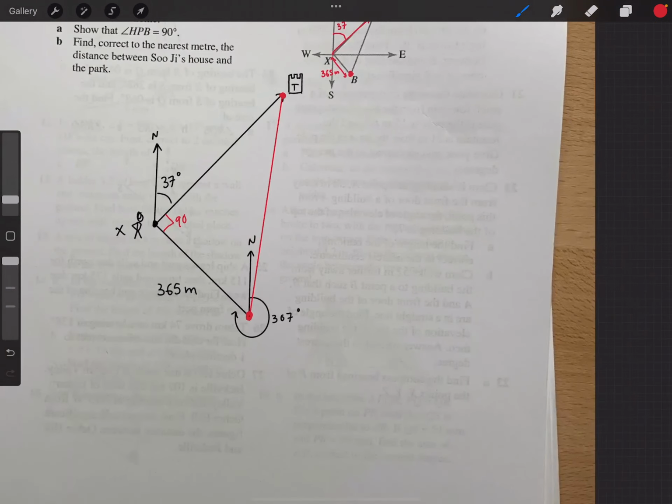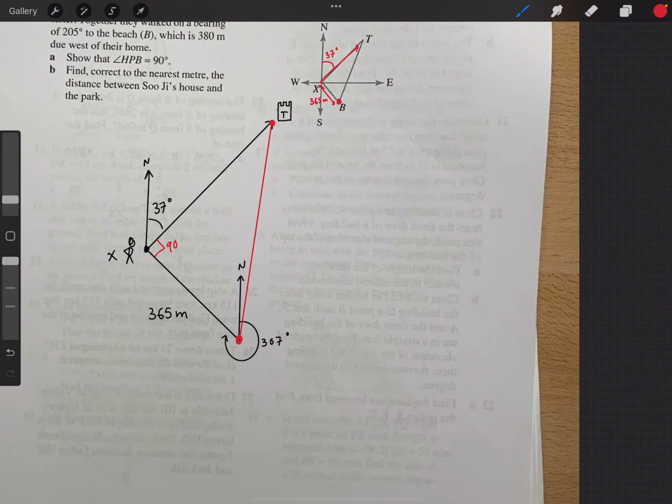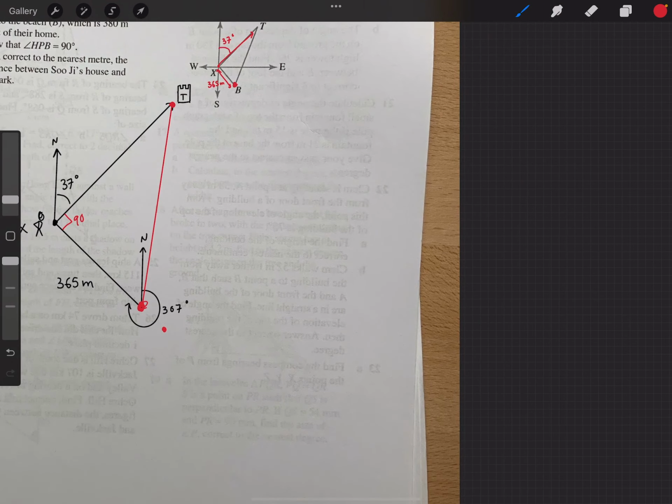Some of you might assume that the point B might lie somewhere over here. If you draw this diagram incorrectly, you might think that X is here, T is here, and B is somewhere here. And you think, oh, it looks like the point T is due north of B. Therefore, T is due north.